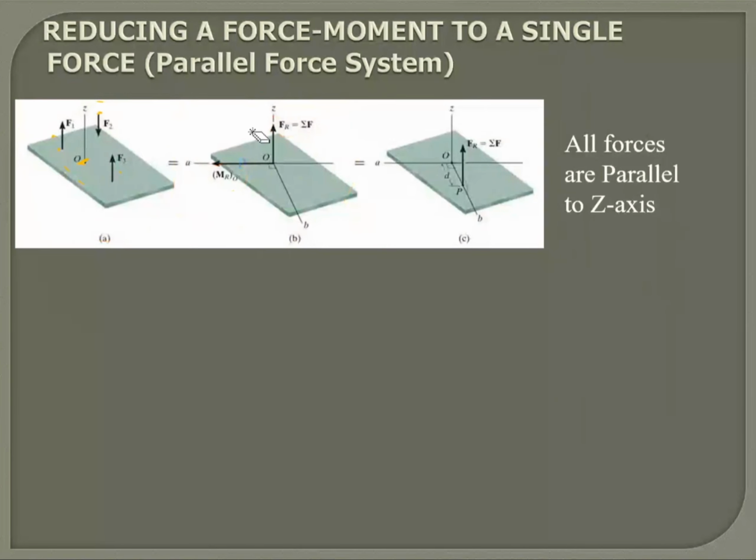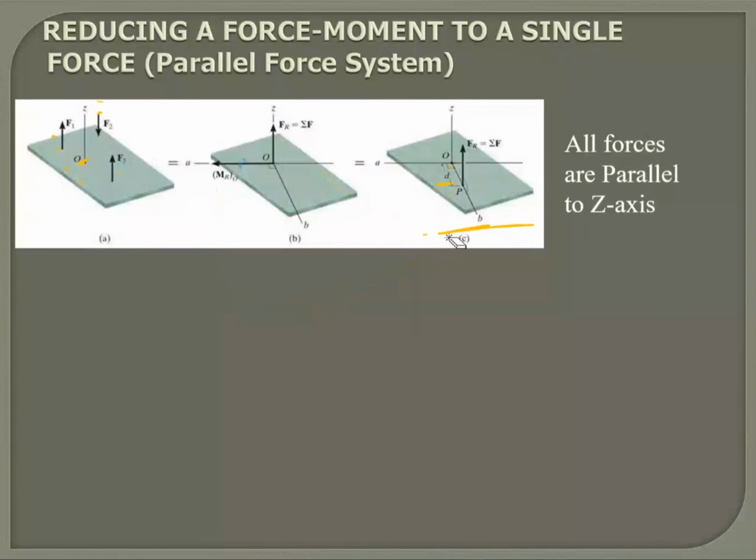Now, once you've got this, this is the turning moment. You can see the rotation symbol here. Now it's rotating in this direction. So what I can do is shift this force a certain distance, so the effect would be the same. Because I've moved it a certain distance, the moment at point O is the same as this force times this distance, which is the same as here.